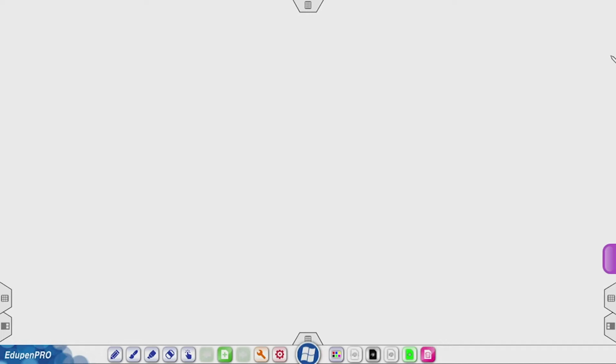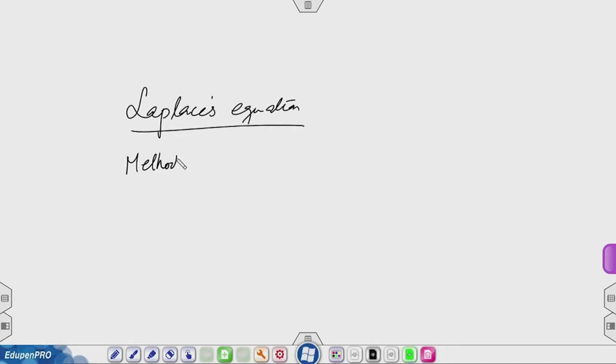So far this week, we have discussed how to solve Laplace's equation. And the method for solution that we have used is separation of variables.